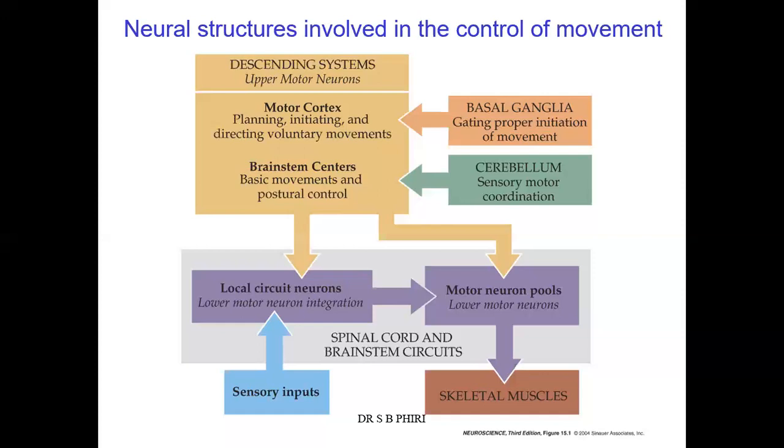From the cortex and the brainstem centers, these upper motor neurons will descend down to the spinal cord. At the level of the spinal cord, we have the spinal cord and brainstem circuits. These are local circuit neurons involved in integration of certain information, integrating information coming from the receptors.